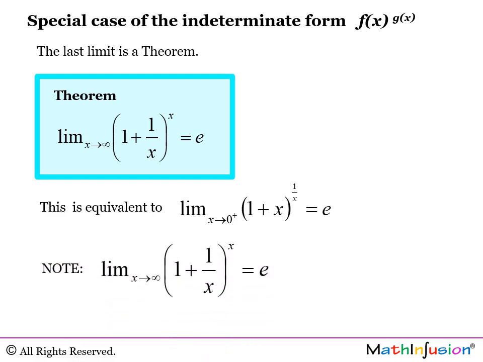I would like to note that in this theorem there is a part that can be manipulated and there is a part that cannot be manipulated. Because I have something in parentheses to the power of x, the stuff that is in the parentheses is locked in. On the other hand, we can use the rule of exponents to manipulate this one.